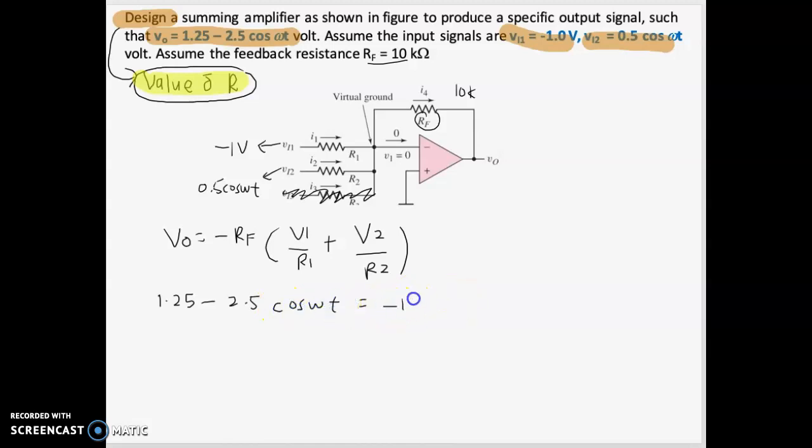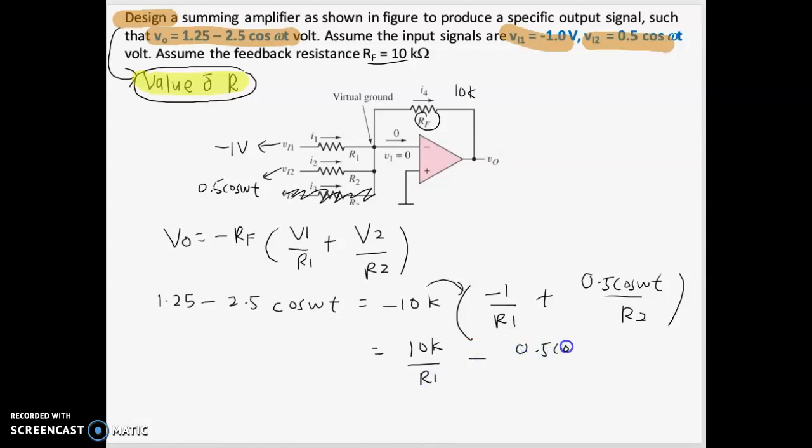Your RF is 10K, your V1 is minus 1 over R1, plus your V2 is 0.5 cos omega t over R2. So you do the right side first, and it becomes 10K over R1 minus 5K cos omega t over R2, which equals 1.25 minus 2.5 cos omega t.